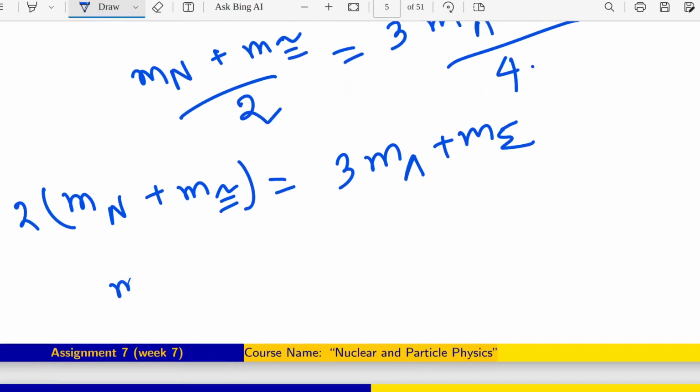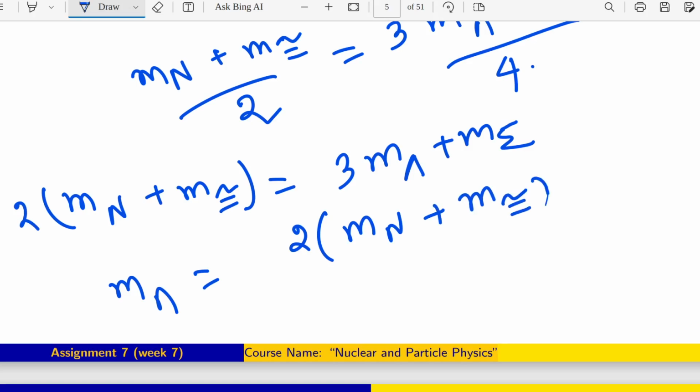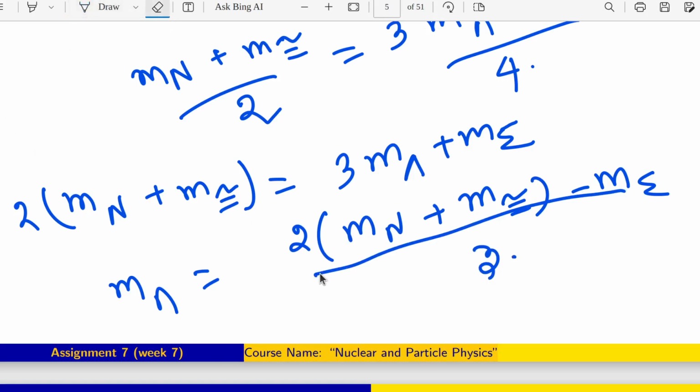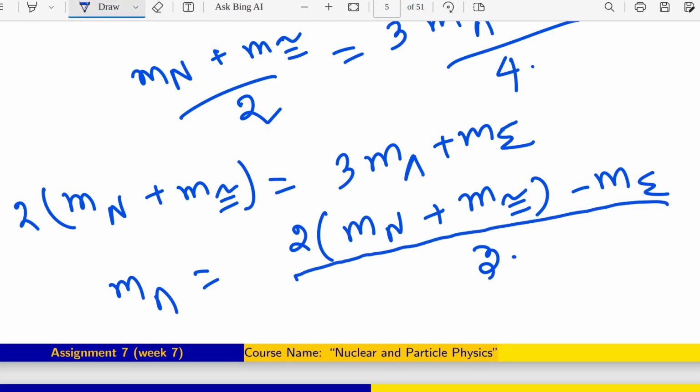Then what will be M lambda? M lambda will be 2 into (Mn plus M xi) minus M sigma, whole divided by 3. Okay, now calculate with the calculator what will be the value of this one.